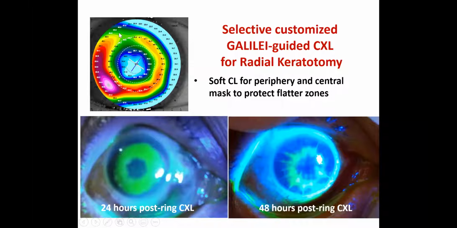But a fluctuation of the refraction is produced by this ring, which the intraocular pressure pushes forward or not. So we make these corneas more stable. And presently, I suggest doing this kind of treatment before cataract surgery in order to have more stable refraction for our patients. Recovery is very, very fast, as you can see.